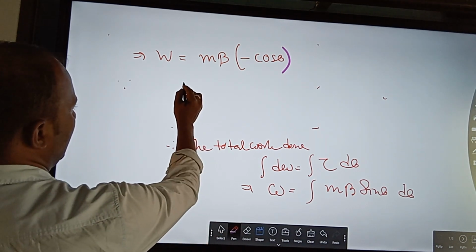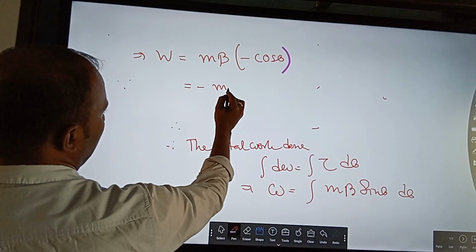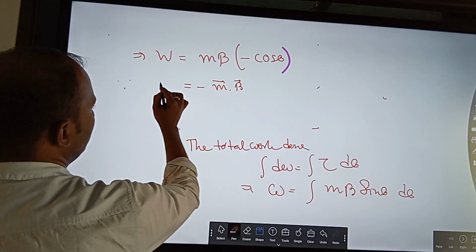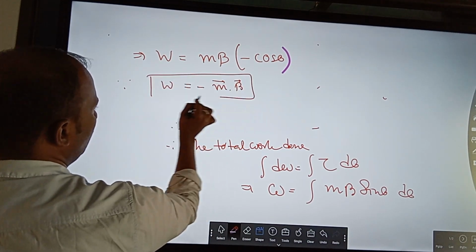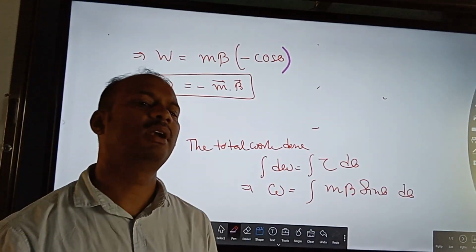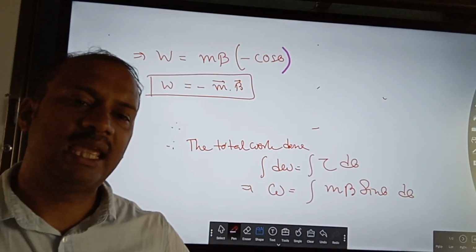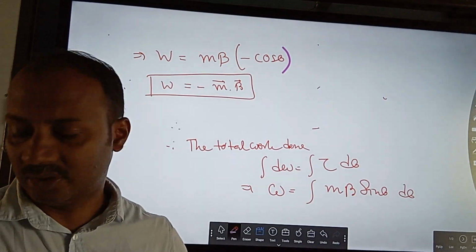So we can write it in the form minus m vector dot B vector. Therefore the work done W is equal to minus m vector dot B vector.